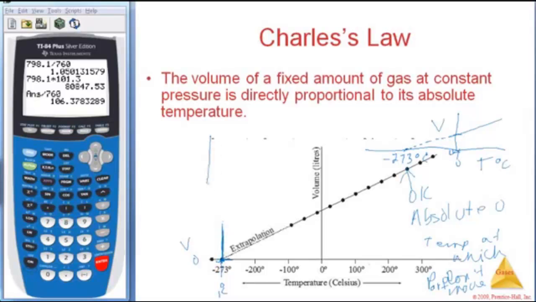So if I plot volume versus temperature in K, I get a line that makes the relationship directly proportional, and it goes through 0, 0. So if I double my temperature in K, I double volume. I don't have that same relationship between volume and temperature in C. As I increase temperature in C, I increase volume, but it's not directly proportional.